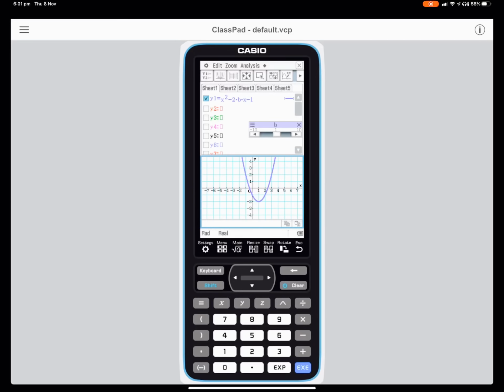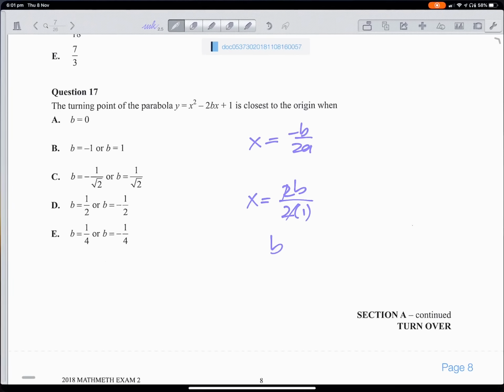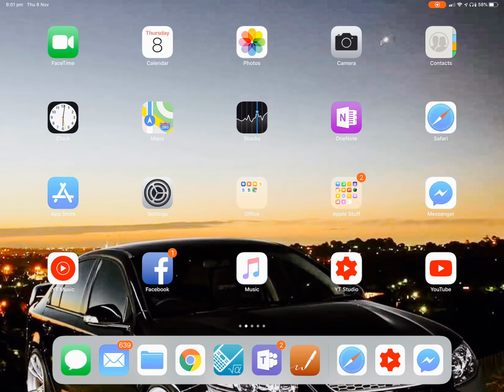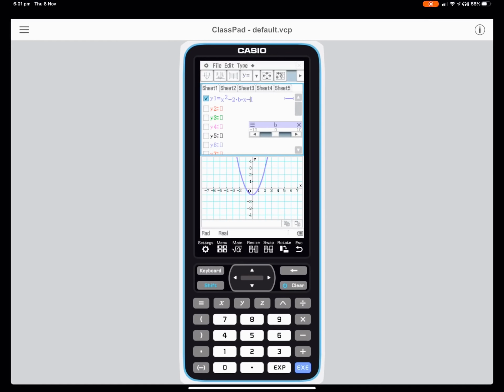Okay, so if x is 1, think here. If b was 1, plus 1. Okay, I've got a turning point at 0, 1.